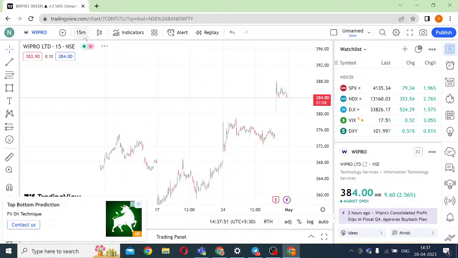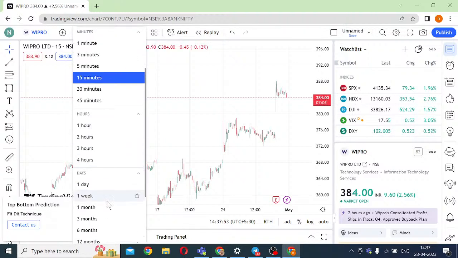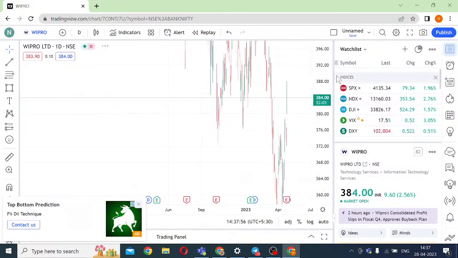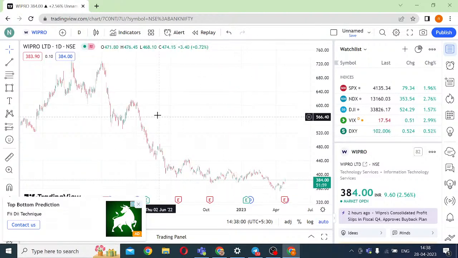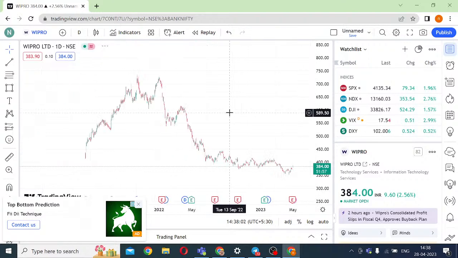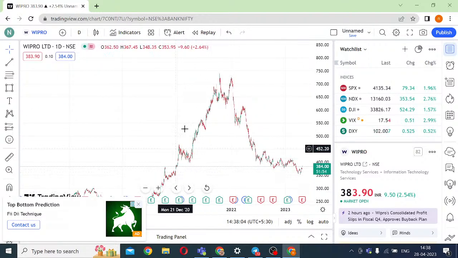But if you see Wipro price action, again I'm getting into a daily chart, do you see this? There is a falling pattern here, and this is starting 2020. So Wipro was trading at its multi-year lows. If you see this area, it had taken a support.